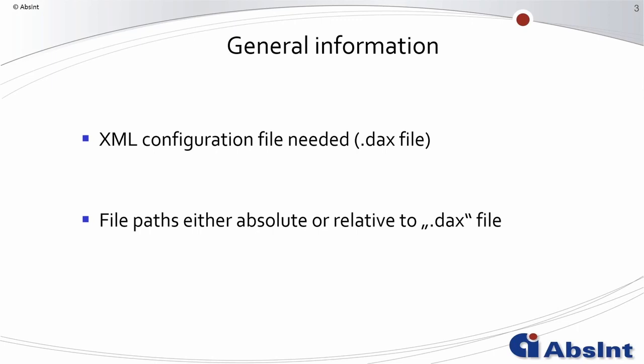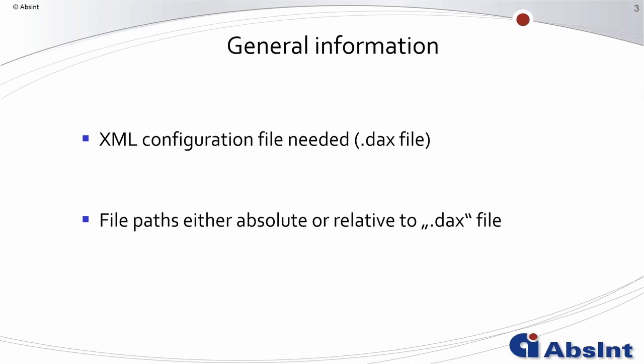This is typically a .docx file, which is an XML configuration file, which contains all needed information about the analysis. In this configuration file, the file paths can be specified either absolute or relative to the .docx file. We will later take a closer look at such a configuration file.